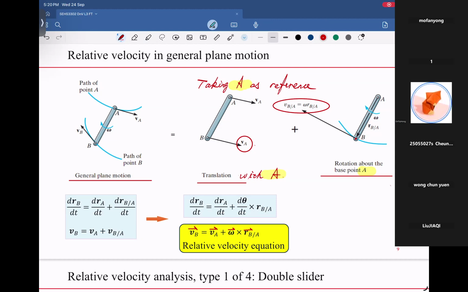Okay, so R_B/A, B slash A, right? What does it mean?